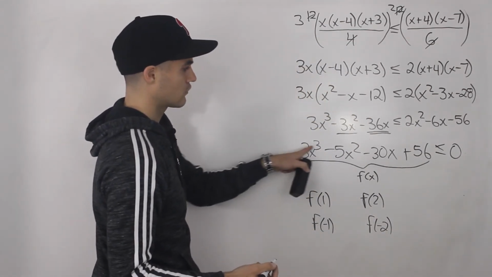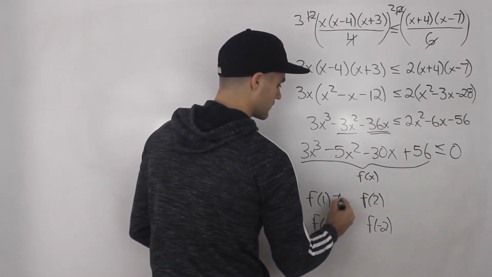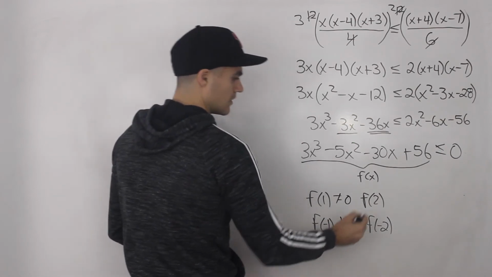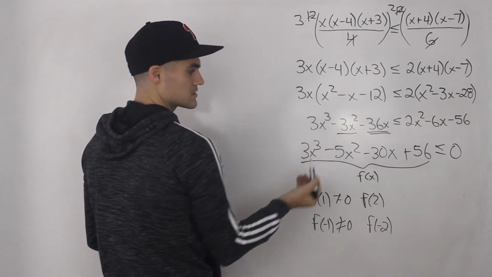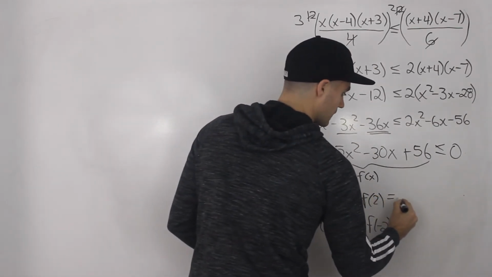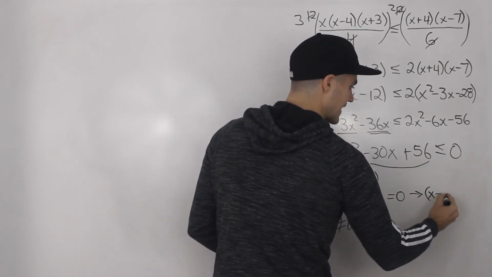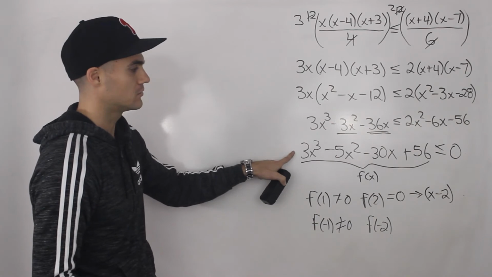So if we plug in 1 for all of the x values here, that won't be 0. If we plug in negative 1, we won't get 0 either. But if we plug in 2 for all the x values in this polynomial, we will get 0. So what that means by the factor theorem is that x minus 2 is a factor of this polynomial.